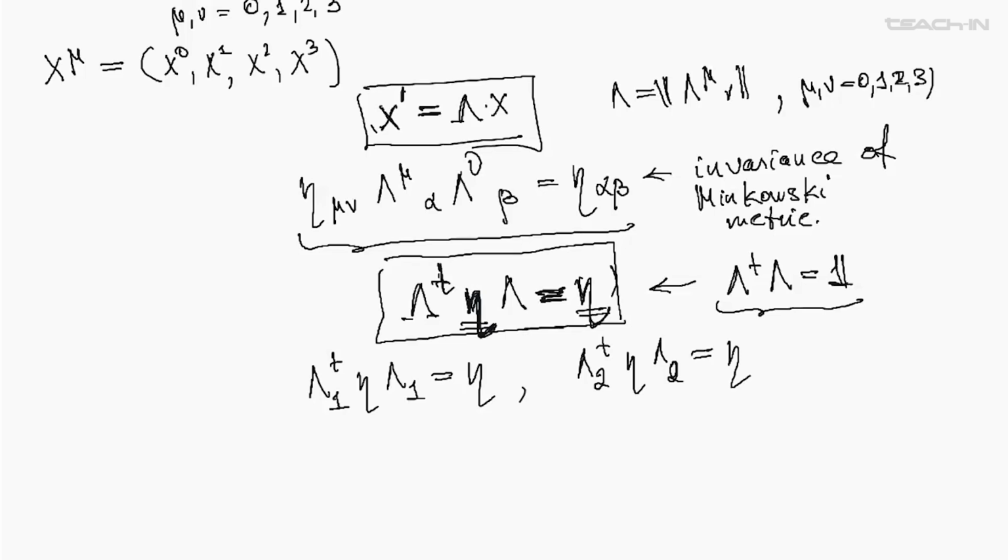No, this is precisely for the Minkowski metric, which is a diagonal matrix, and this is what defines for us the class of Lorentz transformations. Would you have a different metric, not Minkowski, but something else, you can still define a group which preserves this metric.